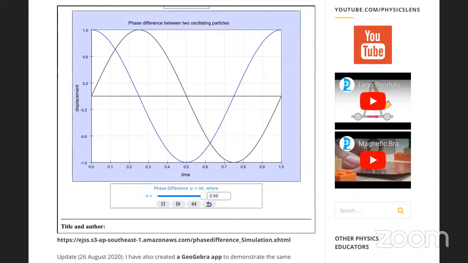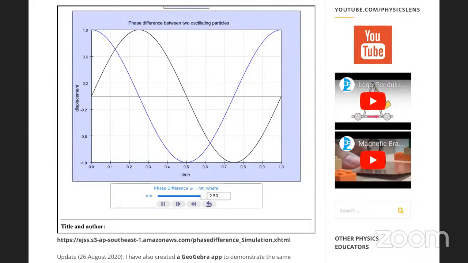Very good. So you're kind of seeing the pattern now. So what would 3 pi be the same as? As 1 pi. Very good. So those two carry the same phase difference.